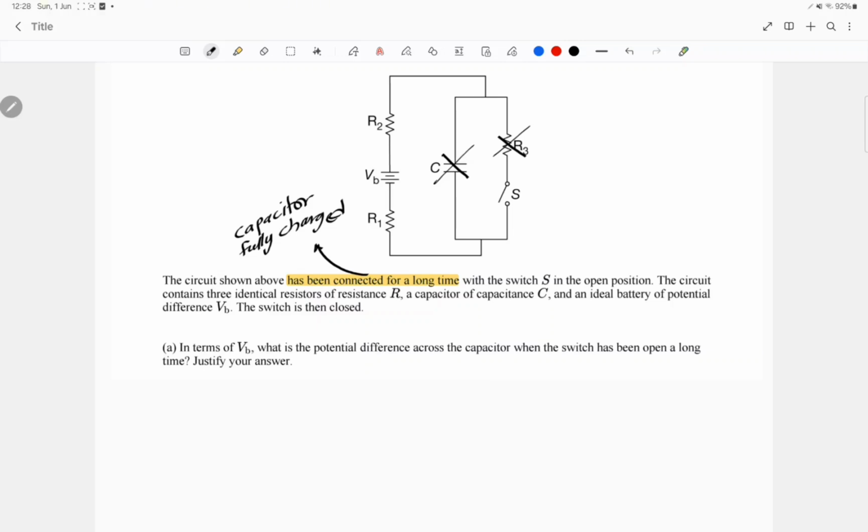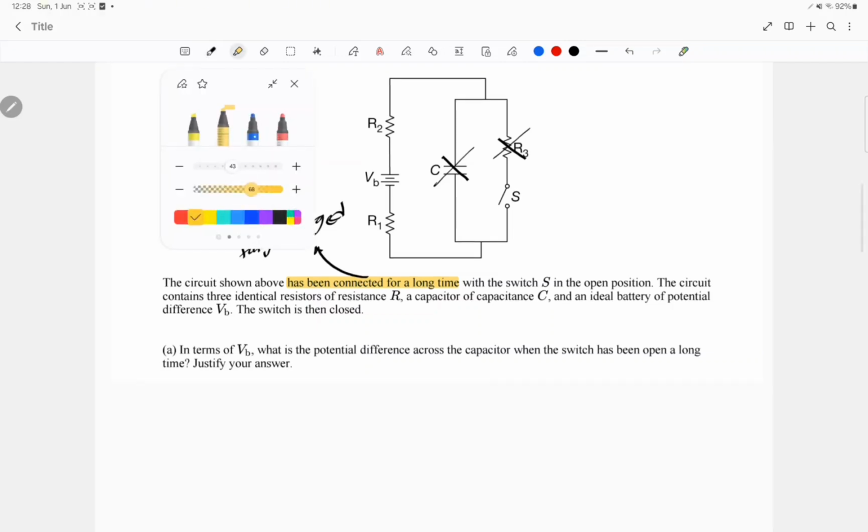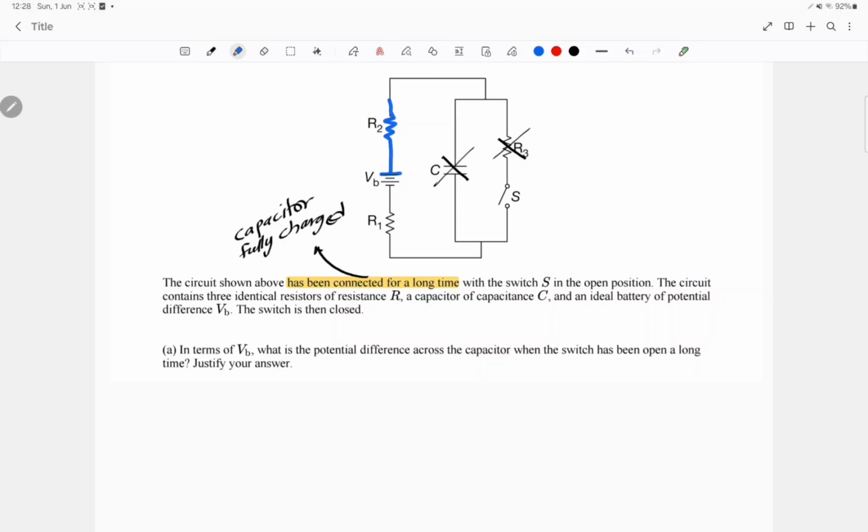So look, the current will basically leave the VB. It will go through R2. Then it's going to face 2 paths, both of which are going to be blocking it. So the current then cannot proceed, and therefore there's going to be no current in any of the resistors.